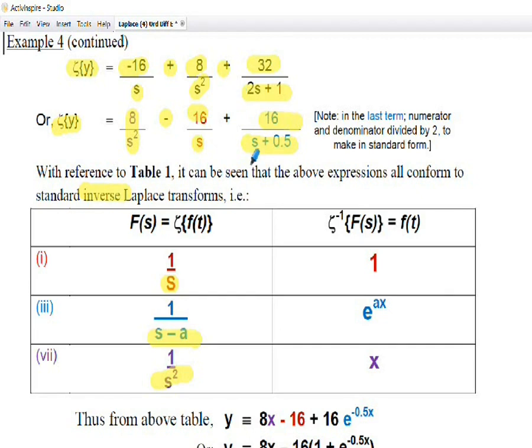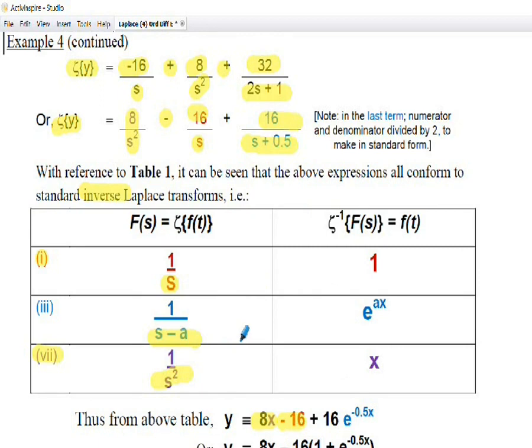Okay, so now I can write my functions in the correct format. Looking at the first term, the 8 upon s squared, that's in the format of 1 upon s squared, with the factor, so that will be 8 times x. If I look at the second partial fraction, the minus 16 upon s, that's in this format of 1 upon s. That would go to 1, or in this case it will go to minus 16.